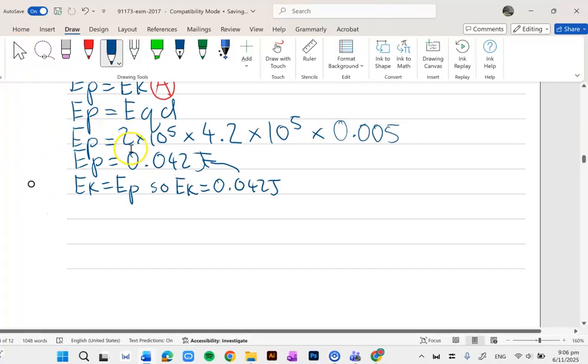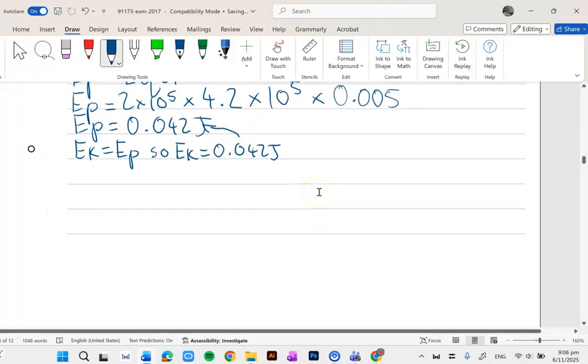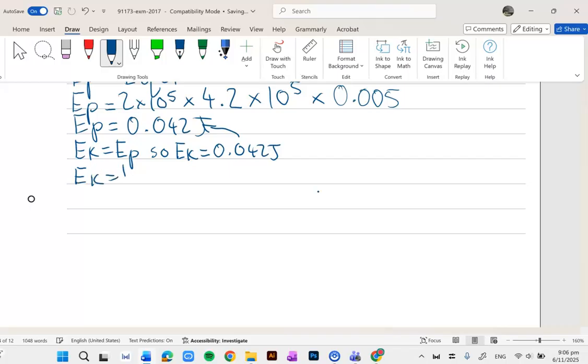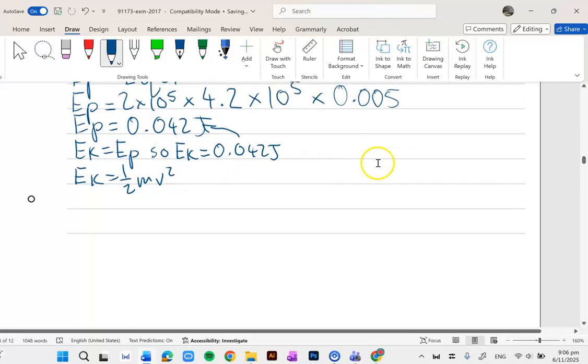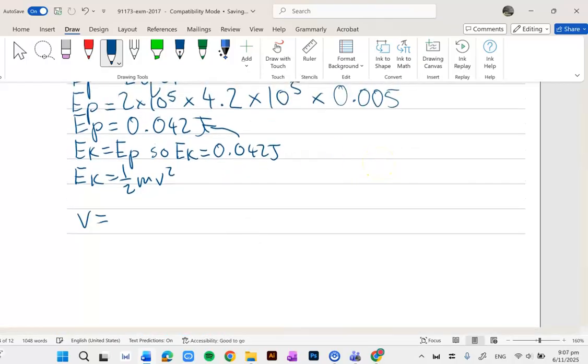Now, using our kinetic energy formula, EK equals half of mv squared, you can rearrange it. I already know how to rearrange it, I just memorize it. So v equals the square root of 2EK divided by m.